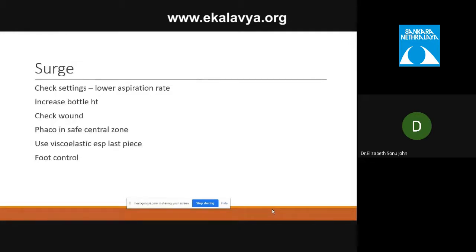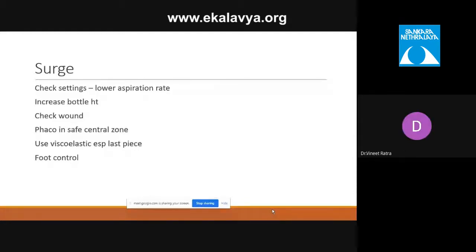Towards the last piece, sometimes we see rents happening more when you are taking out the last piece. At that time, if you think there is too much fluctuation, you can use viscoelastic and have very good foot control. So we surgeons ourselves could be a reason for the surge. We have to check all this and correct ourselves, because during surge there is every chance of a PCR.